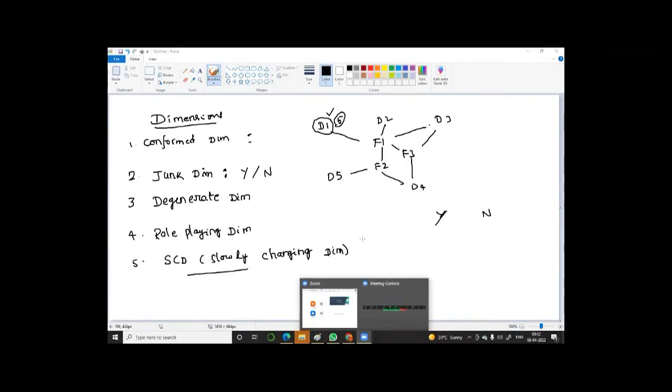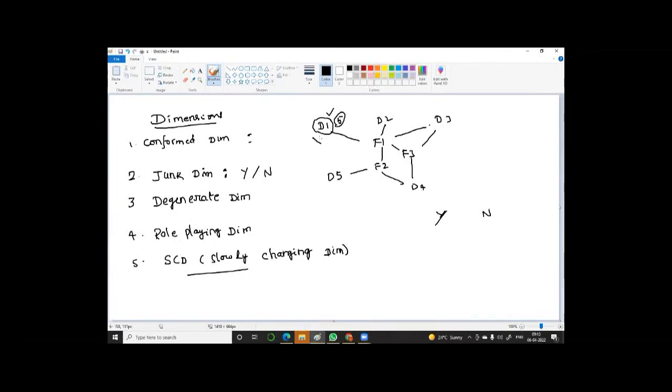Degenerate dimension. A key which is not related to any dimension. Let us say in these dimensions we use primary keys and foreign keys also. Suppose there is a key which is not related to D1, D2, or D3.